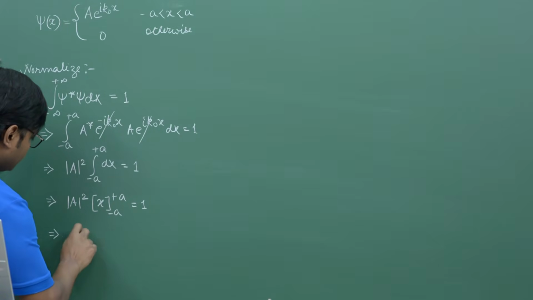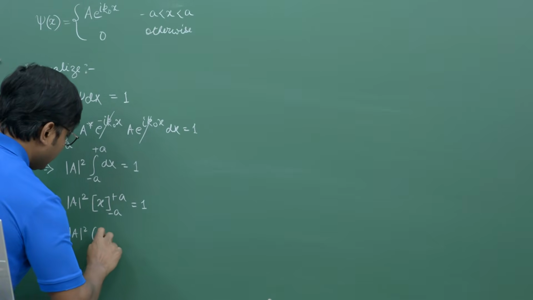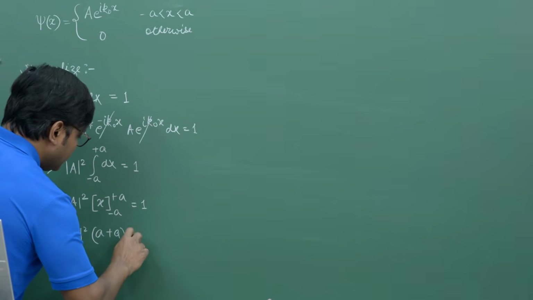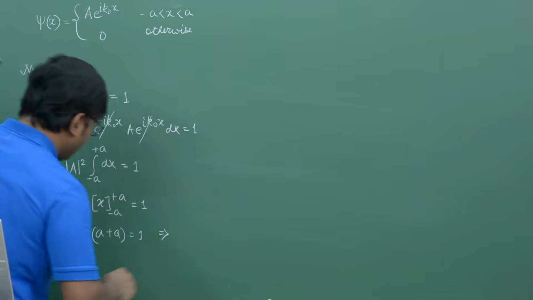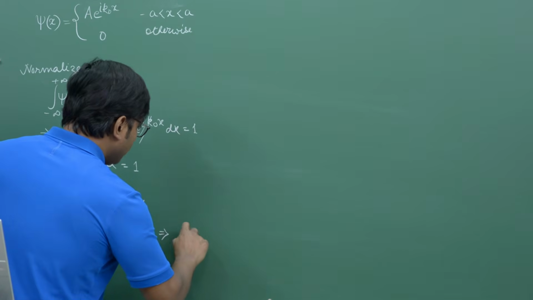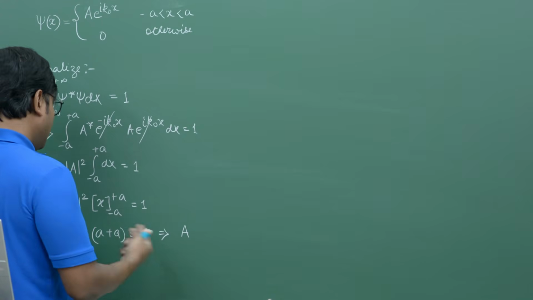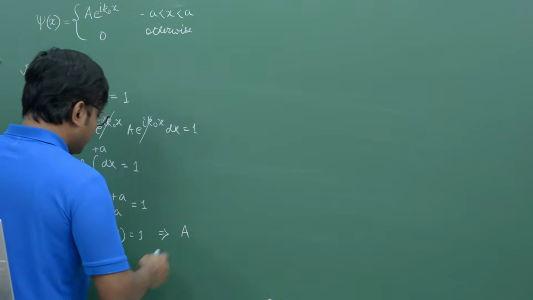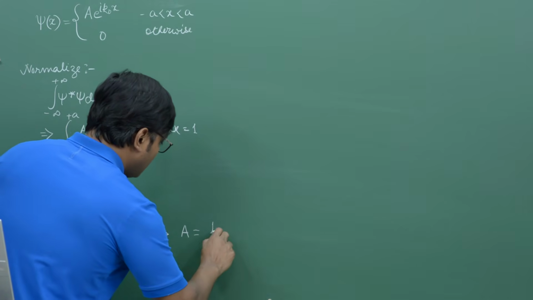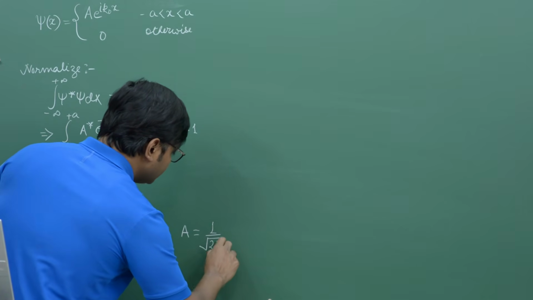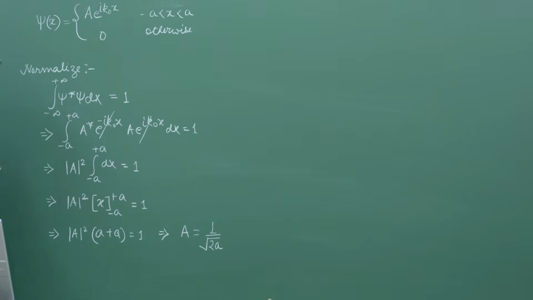This becomes mod A square times 2a equals 1. So finally we end up getting mod A square is equal to 1 upon 2a, but because it's a real number, I think I should better say capital A is equal to 1 upon root over 2a. This is the normalization constant.